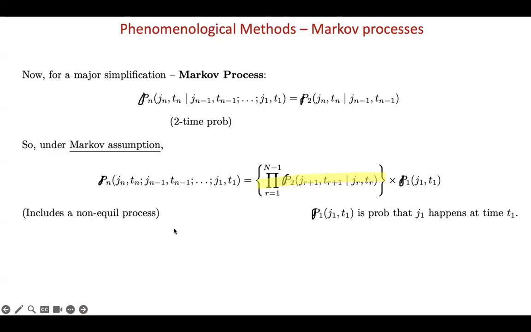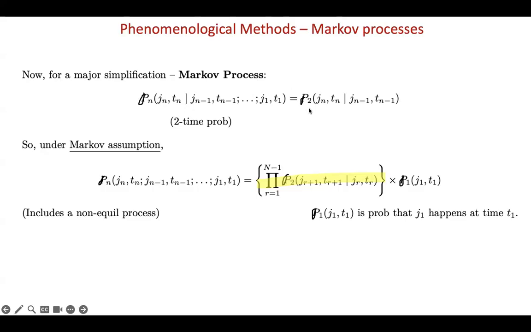So I'll stop here, but I just want to point out that you can go a step further and replace the probability of n processes with a conditional probability, where all of these n minus 1 processes have happened, and then this process is happening.